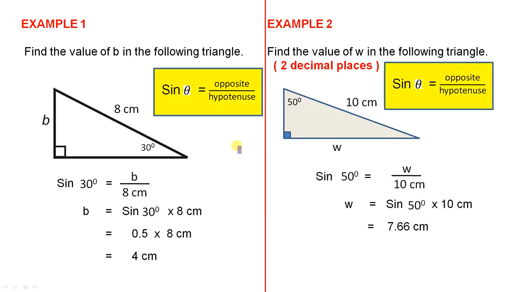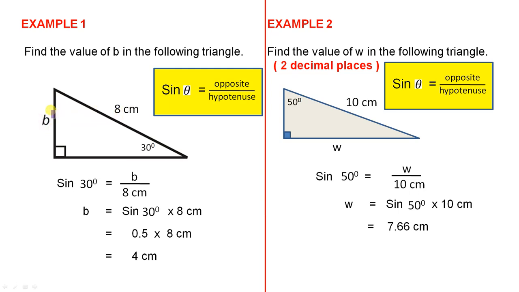So this is how we use sine theta to find unknown lengths of sides in a right-angled triangle. Find the value of b in the following triangle. If we remember, the definition of sine theta is opposite over hypotenuse. There's theta, which is 30 degrees in this case. The opposite side is b, and the hypotenuse is 8 centimetres.